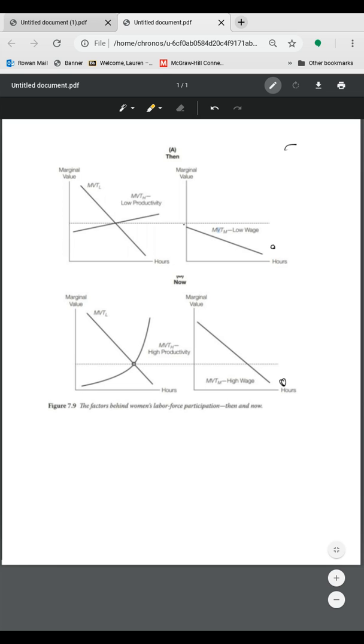This is a picture for maybe the 1950s, and maybe this is 2020 or maybe 2019, where everything was a little bit more normal. But we know, we said this throughout the class, that women's wages in the 1950s, or even more recently, have been lower. Their opportunities in the labor market were lower at this time.